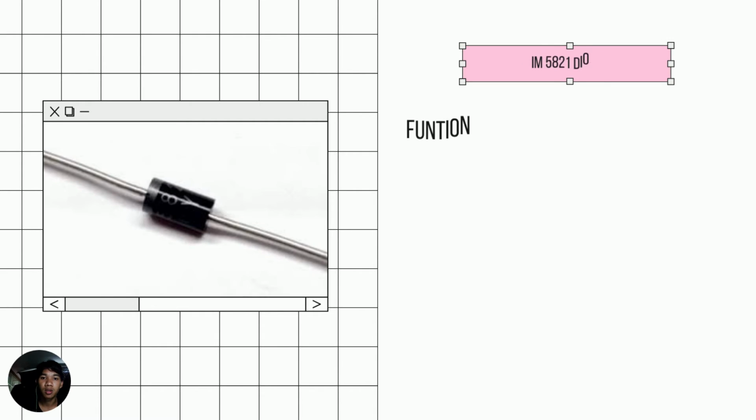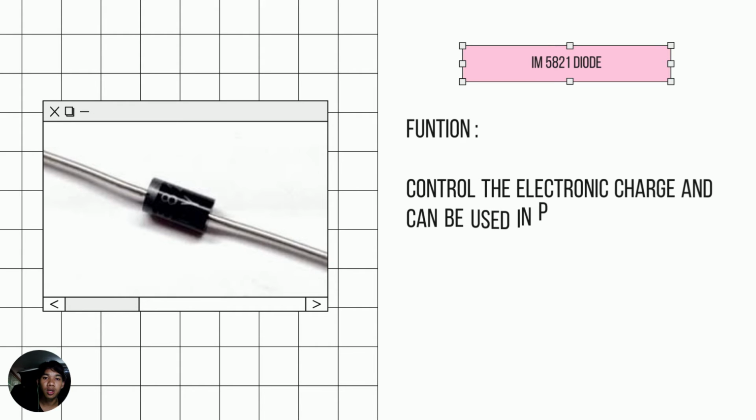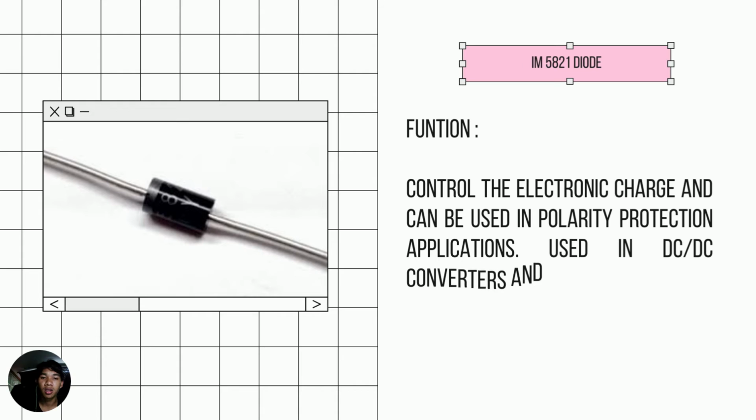Next, it is the 1N5821 diode component. Its function is to control the electronic charge, and it can be used in polarity protection applications, in DC-DC converters and logic circuits. So this is the diode function.